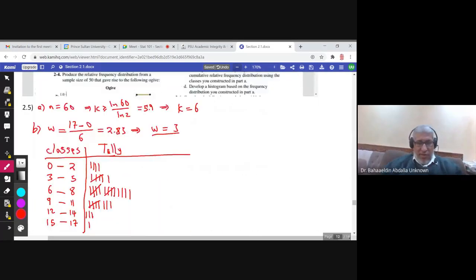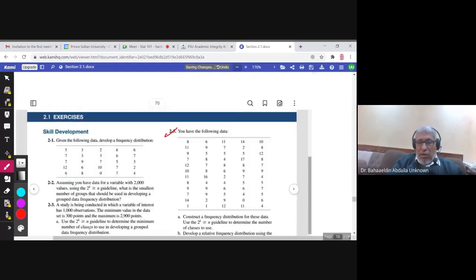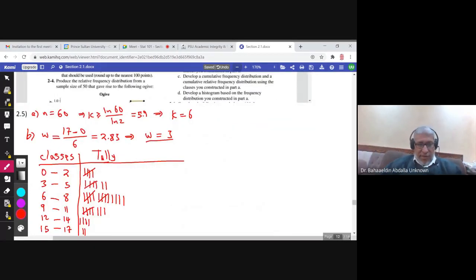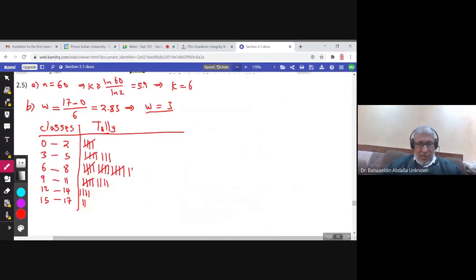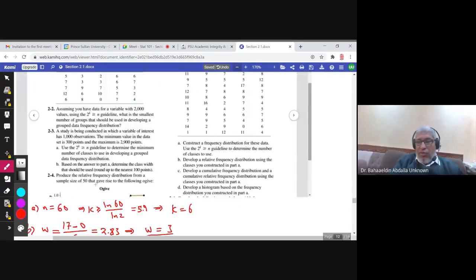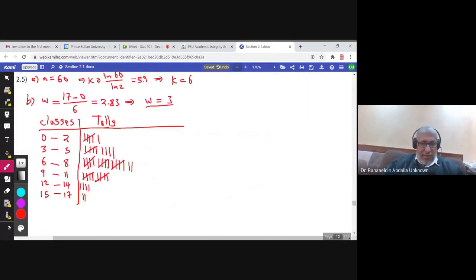Then 14, 5, 17. 8, 9, 7, 5. 6, 4, 0, 11. The last column: 10, 8, 12, 8.